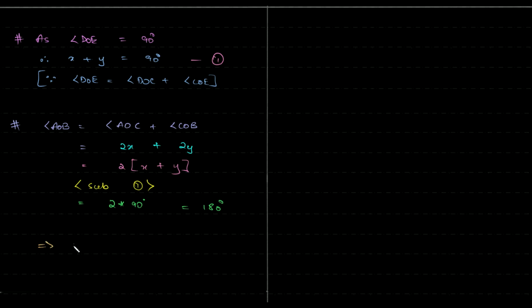This implies AOB is a straight line, and thus A, O and B are collinear, and you guys know what to write. Agree?